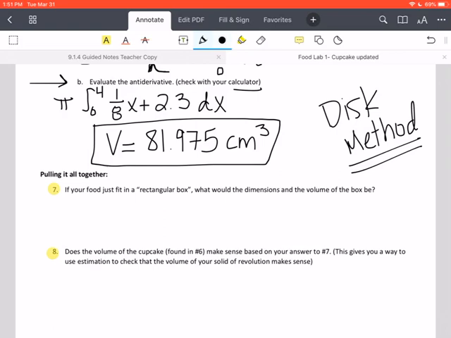Just one key thing: remember, volume of a rectangular solid is going to be length times width times height. That's all I'm going to say there. So go ahead and finish these two questions, think about what we did today, and then we will take formal notes on this tomorrow. But again, why not put in something a little hands-on, even if we're at home.